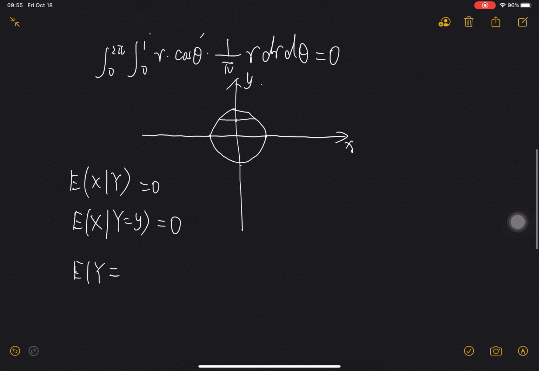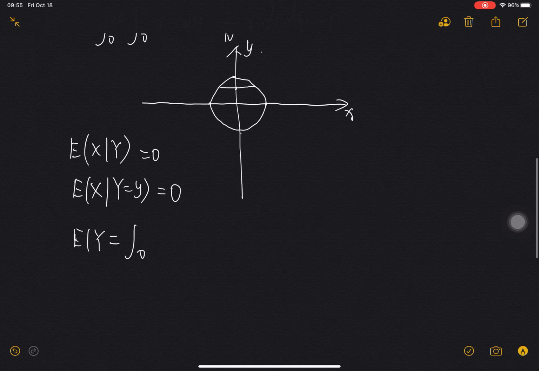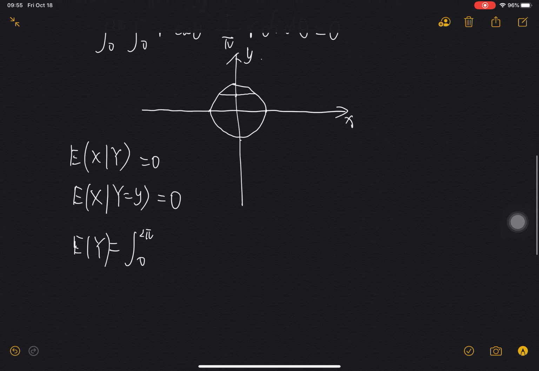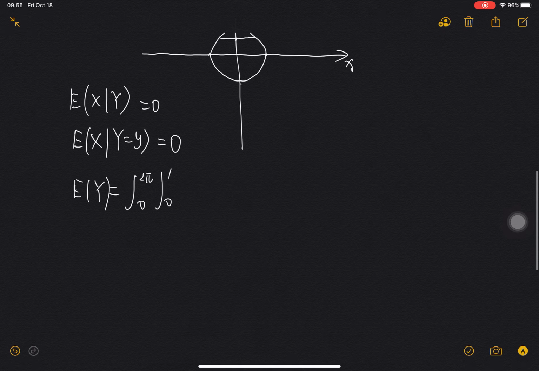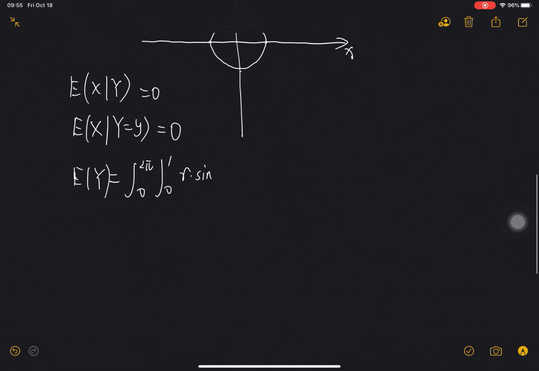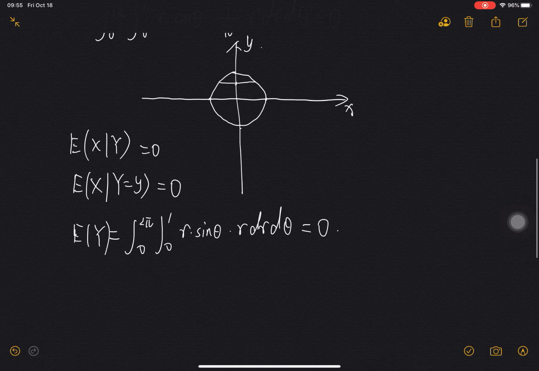And then the expectation of y is the integral from 0 to 2 pi, from 0 to 1, of r times sine theta times r dr d theta, and also the expectation of y is 0. And in this figure, we can see that it's actually the same as how we got the expectation of x given y.